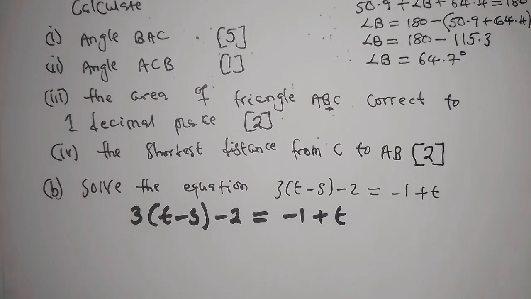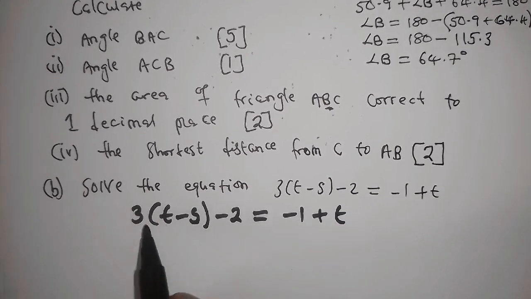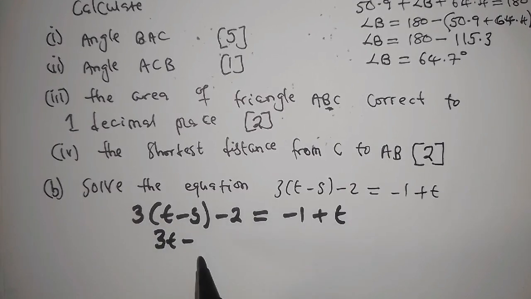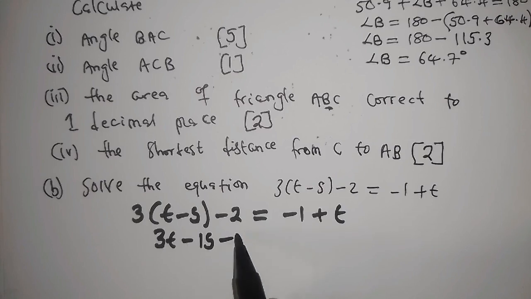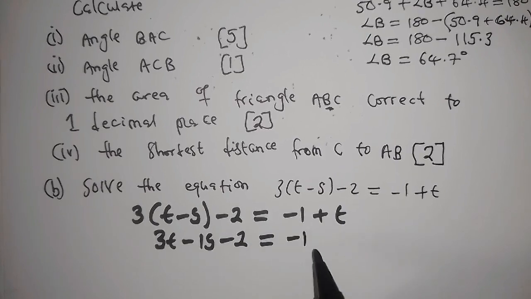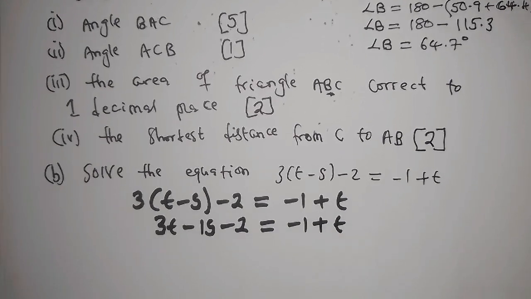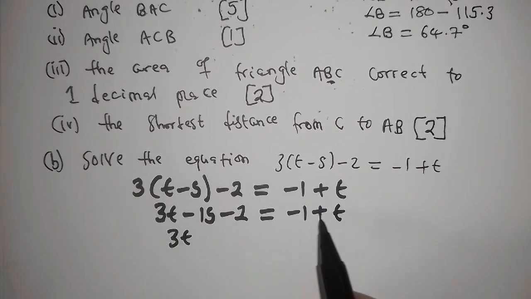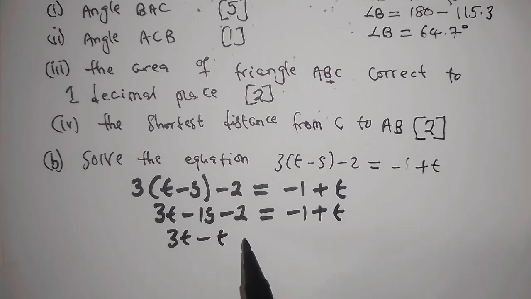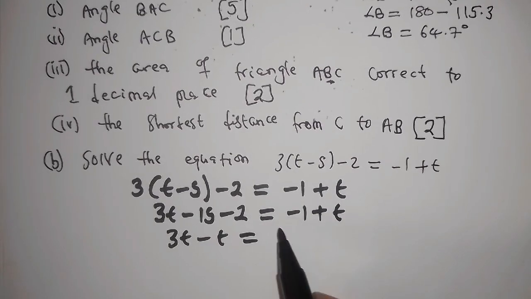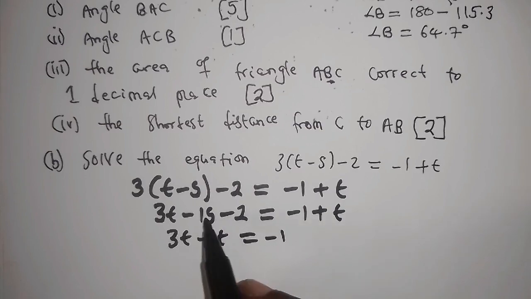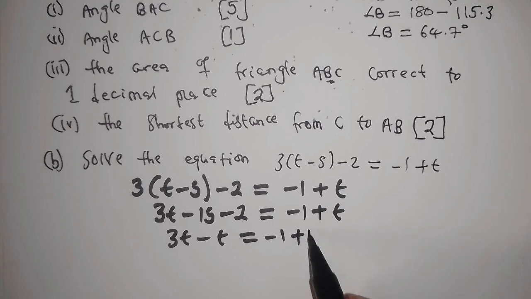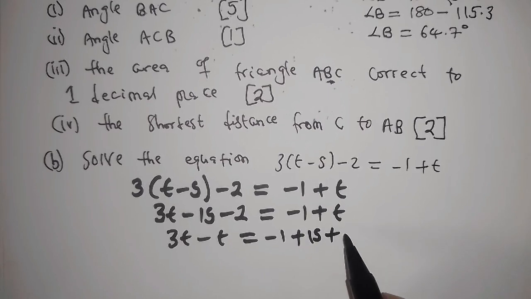Now you can open the bracket by saying 3 times t, 3t, minus 15, minus 2 equals -1 plus t. Collecting the terms, 3t minus t equals, on the right after the equal sign you have -1, then -15 and -2 come this side as plus 15 plus 2.